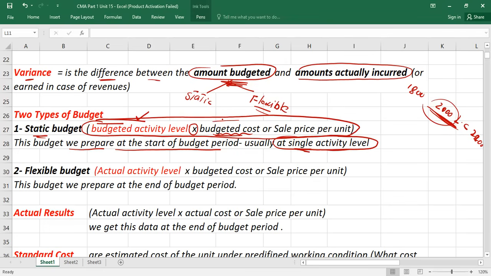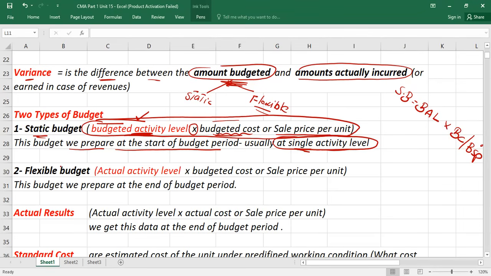If you are calculating sales, you take budgeted activity level multiplied by budgeted sales per unit. So under static budget, we will always have the budgeted activity level multiplied by the budgeted cost or budgeted sale price. This is how you produce the static budget. I'll show you the example, don't worry. Let me just explain the mechanism.